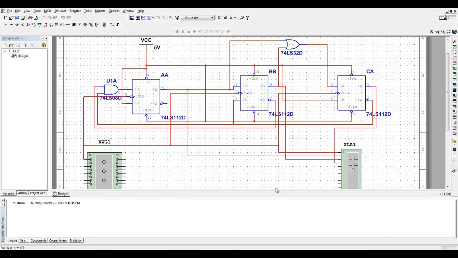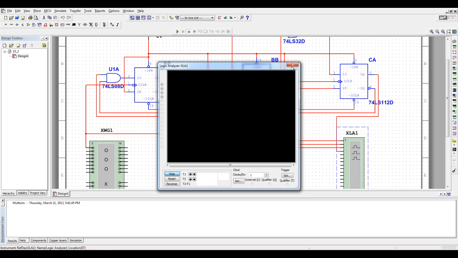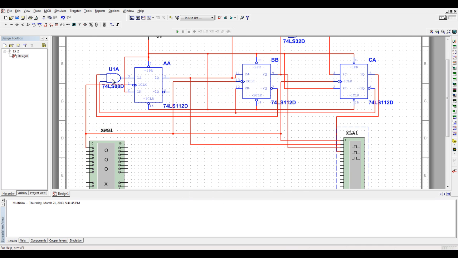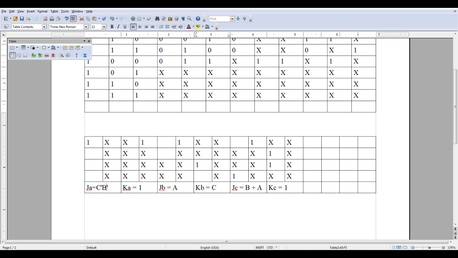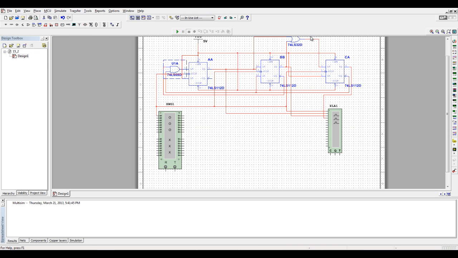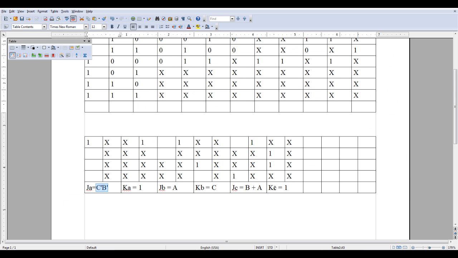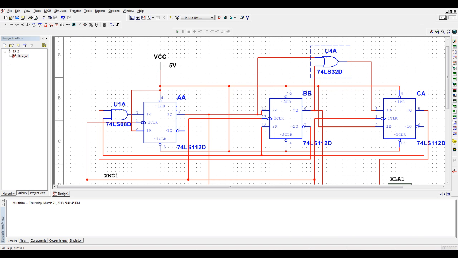It's really simple to just put in a circuit. We have a word generator using Multisim. We have a word generator and a logic analyzer, and we had an AND gate for JA right here because C prime B prime are multiplied, and we also have an OR gate right here because A and B are plussed.